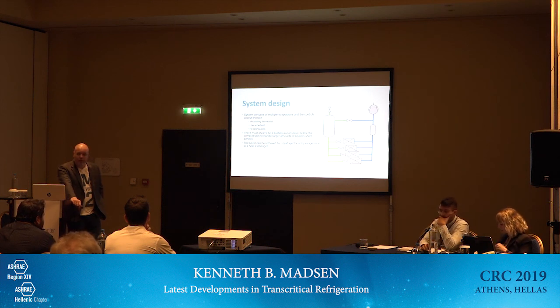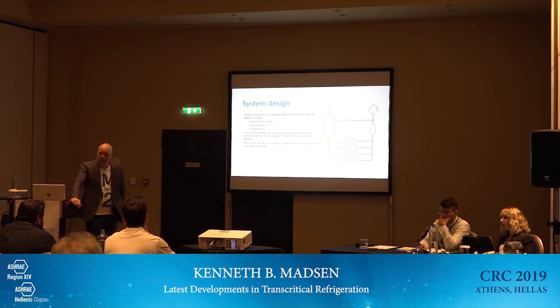Just a very simple design with 4 evaporators in this case. One of the important things is, first of all, we of course need to lower the superheat, otherwise we won't get the benefits. But to harvest the benefits, we also need to run modulating thermostat.